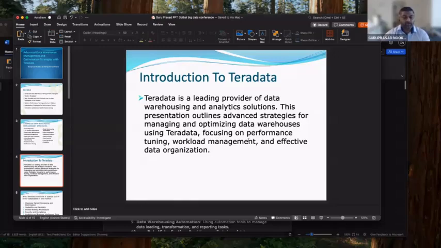It is particularly known for its ability to handle large volumes of data, provide real-time analytics, and scale horizontally to meet the growing demands of the enterprise. In the current market, Teradata is a robust database system that gives high performance for users.